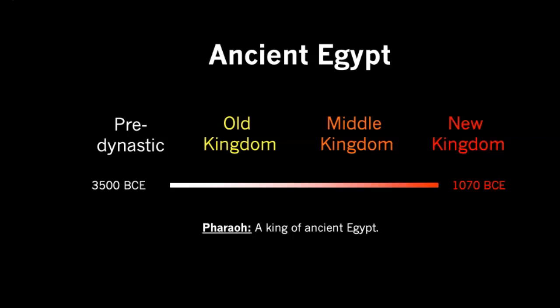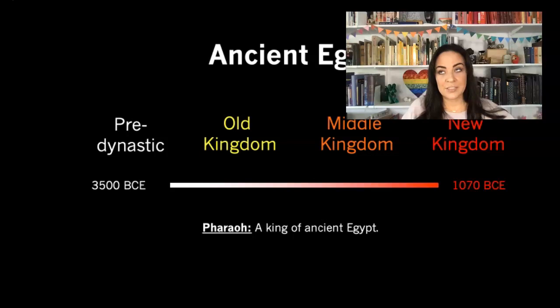I've given you a vocab word here because I'll be using it in this class. I'll be using it interchangeably with king. The word is pharaoh. And a pharaoh is another word for king of ancient Egypt, although technically, if you're a hardcore Egyptian nerd like me, pharaoh as a term for the king of ancient Egypt doesn't even come about until the New Kingdom.